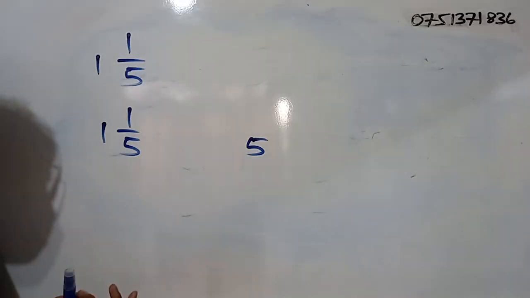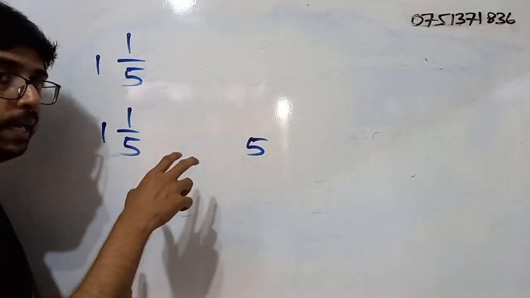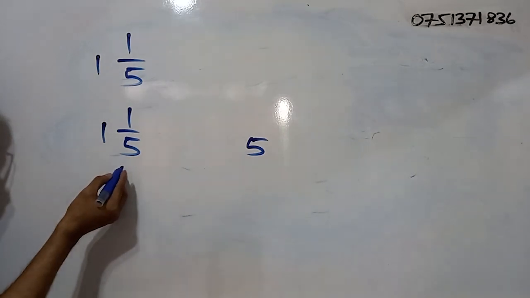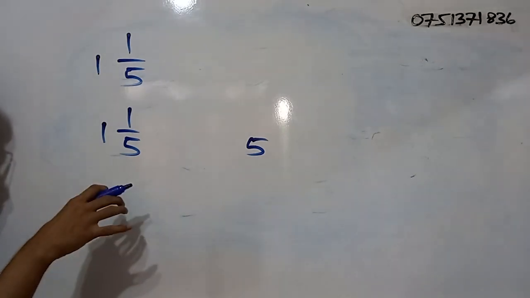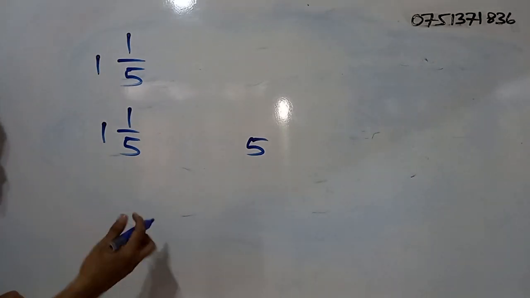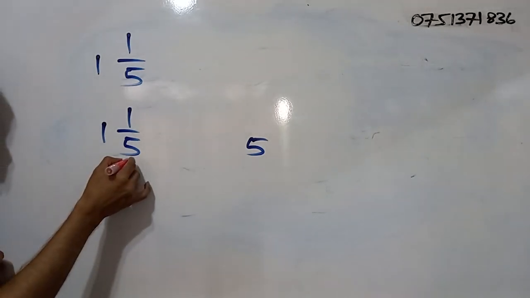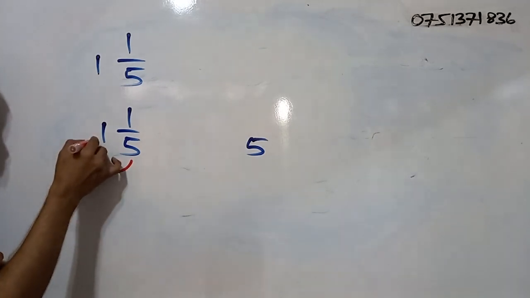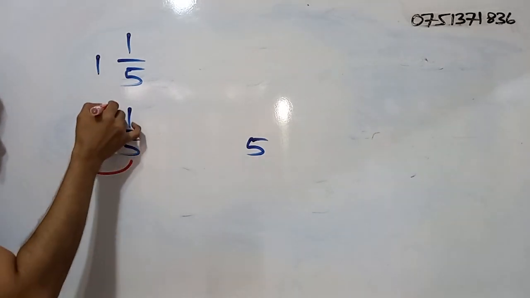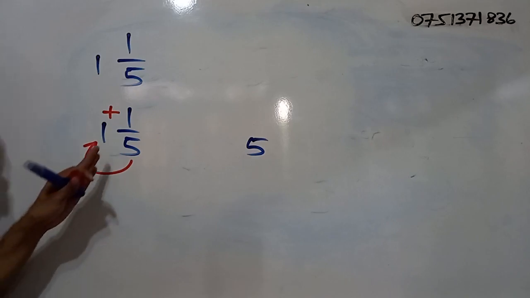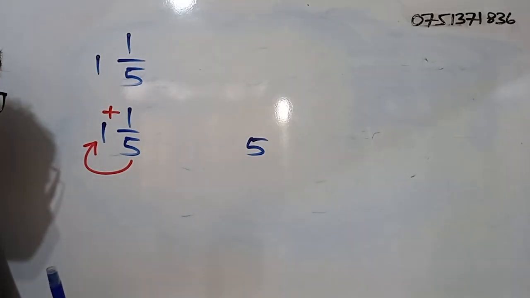That's the thing you have to remember. So how do we get the numerator? We do a simple multiplication followed by an addition. What do we multiply? We multiply this 5 into 1 and add the value of the numerator.